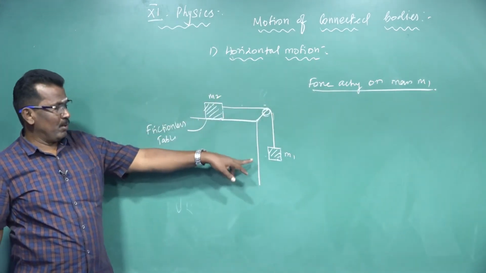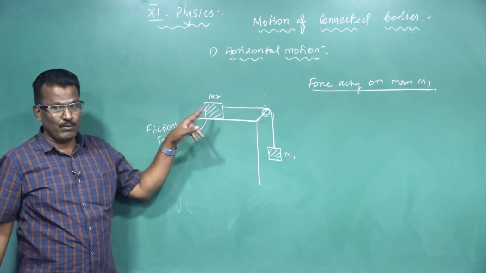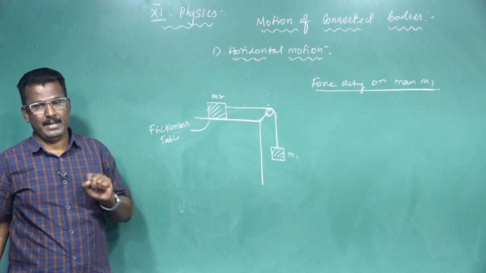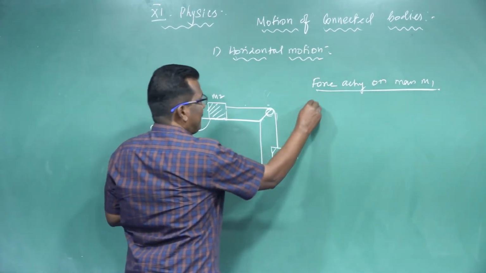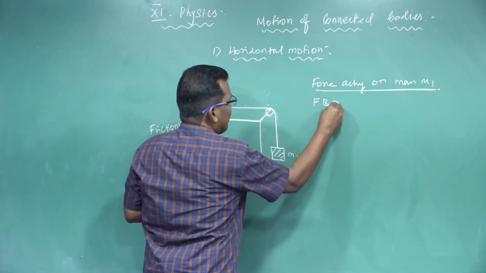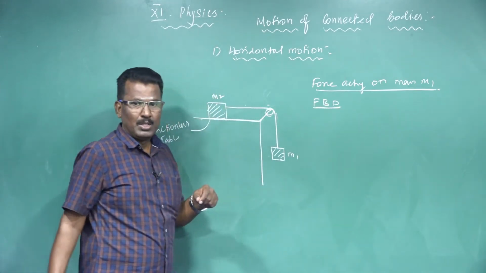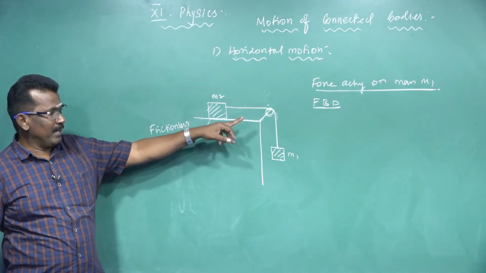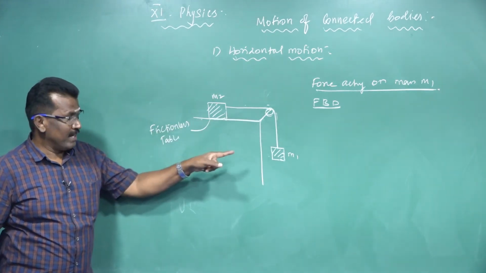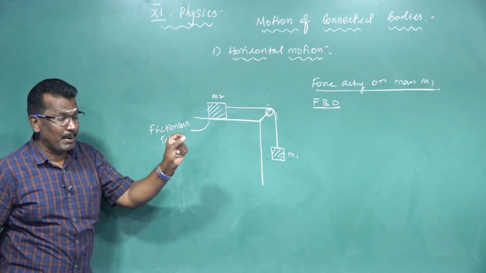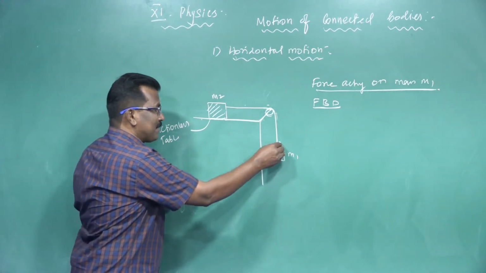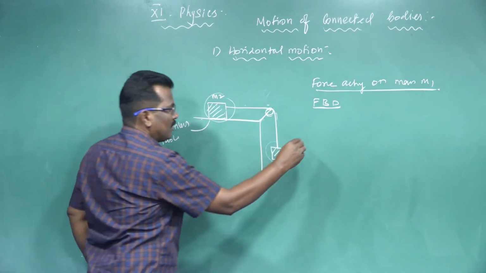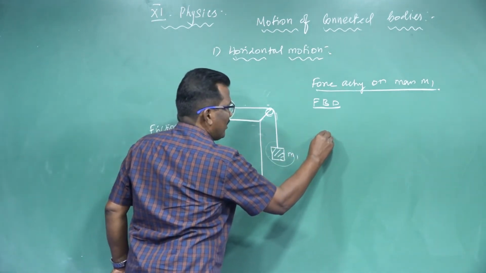Before calculating the force on m1 and m2, first we simplify by using the FBD, free body diagram. It is one of the tools to analyze how many forces are acting on the body. In an FBD, whatever the size of the mass of the body, you consider it as a small point mass.